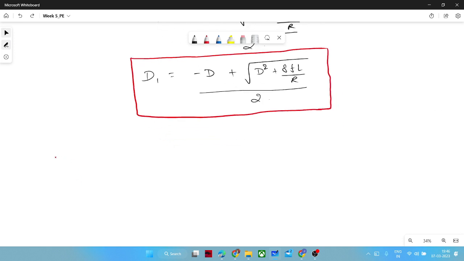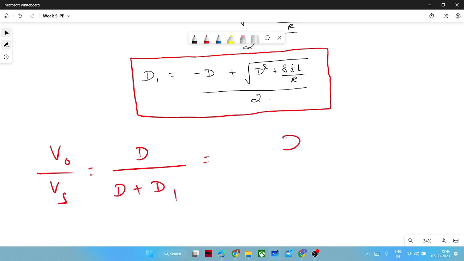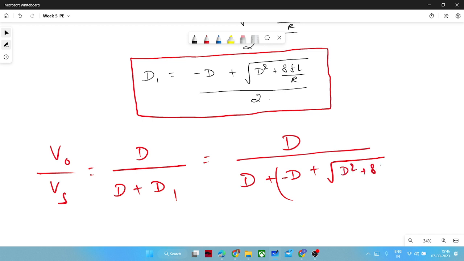If not, then further I can write V naught by Vs as D divided by D plus D1, since we derived it earlier, and in place of D1 you plug in that value: D divided by D plus minus D plus square root of D square plus 8FL by R, divided by 2.